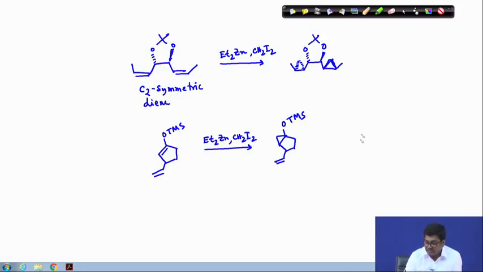TMS here means O-silyl group, trimethylsilyl. So, I am not drawing the rest of the part. So, this is the corresponding TMS or O-trimethylsilyl. This is a hydroxyl protecting group.